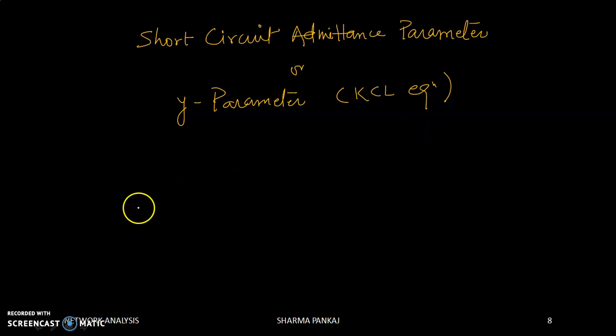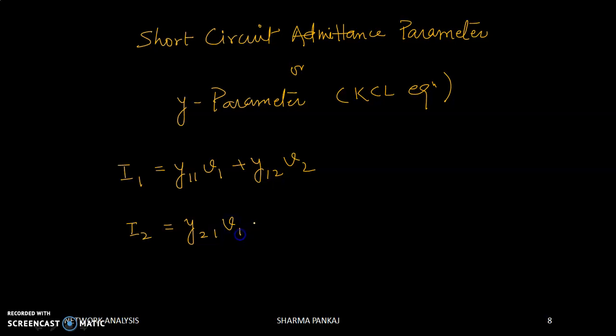In Z parameter we had KVL equations. It is defined as I1 is equal to Y11 V1 plus Y12 into V2, and I2 is equal to Y21 V1 plus Y22 into V2.